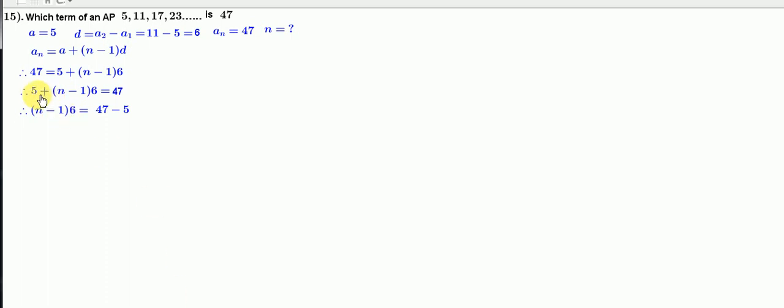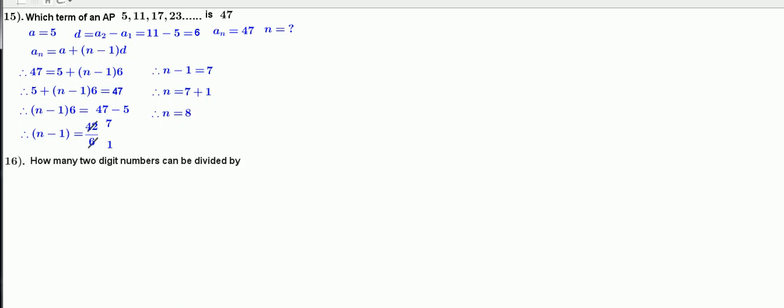Here plus 5 on the LHS will be minus 5 when it is shifted from the left hand side to the right hand side. Therefore, n minus 1 is equal to 42 by 6. Here 6 ones are 6, 6 sevens are 42. Therefore, n minus 1 is equal to 7. N equal to 7 plus 1. Therefore, n is equal to 8.